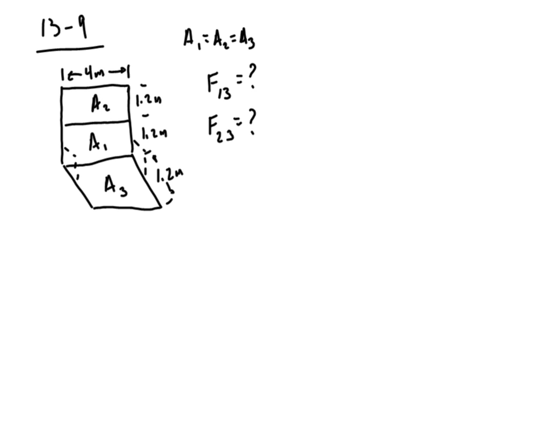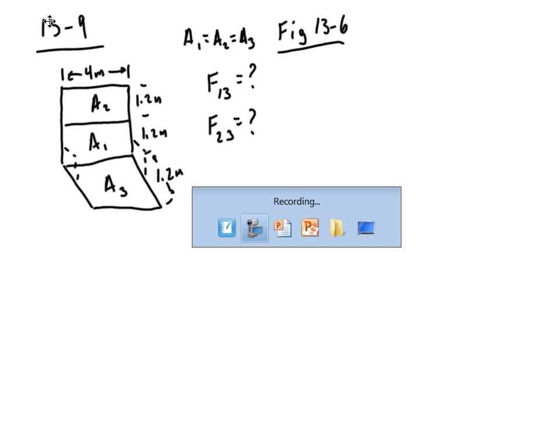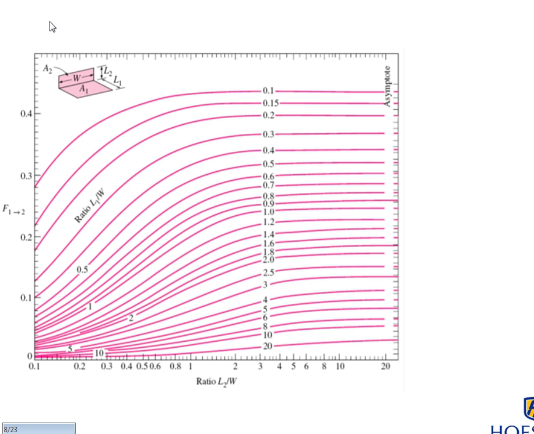So the first thing that we notice is that we have this particular arrangement, and for these planar surfaces with a common edge at 90 degrees from one another, we have this geometry in figure 13-6 that looks like such. Okay, so this is figure 13-6.